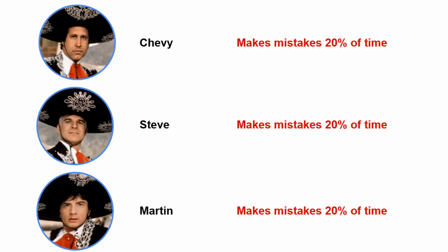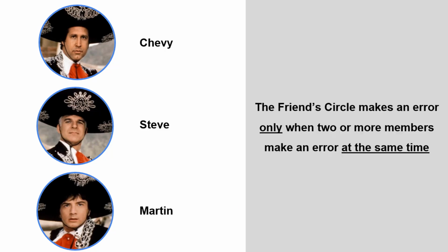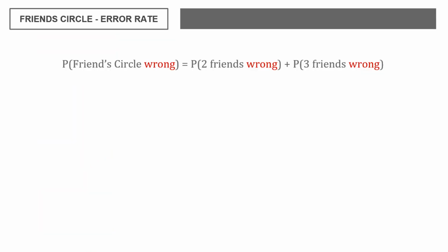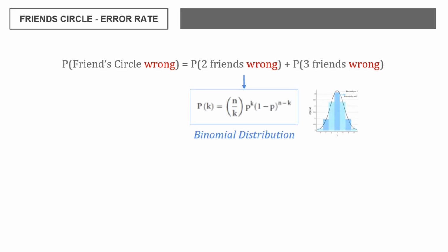But if each member's decisions are independent, and if their outcomes are not correlated, the friend circle makes an error only when more than 2 members make an error at the same time. We can calculate the error rate for the whole friend circle team. Here's the math behind it. We can calculate the error rate of the friend circle using binomial distribution.